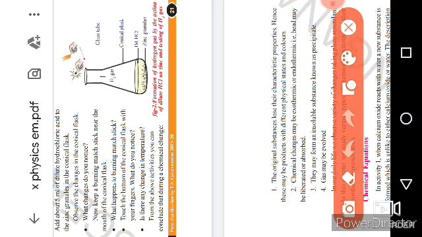The small dots in the figure are zinc granules, and this liquid is dilute HCl, hydrochloric acid.